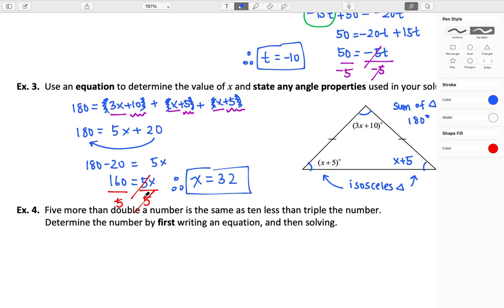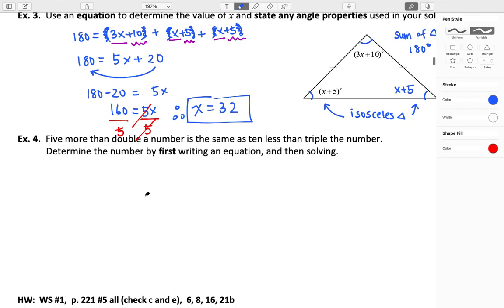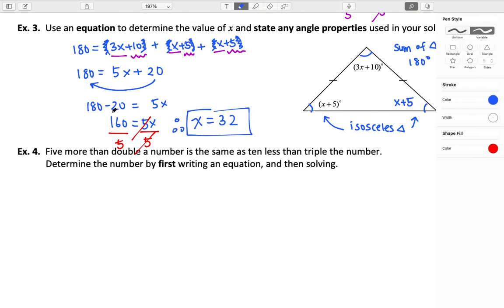Now let's do the last question, example 4. 5 more than double a number is the same as 10 less than triple the number. Determine the number by first writing an equation and then solving it. First we could say let x be the unknown number.